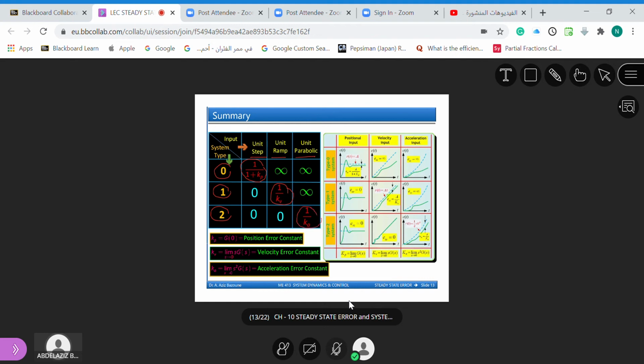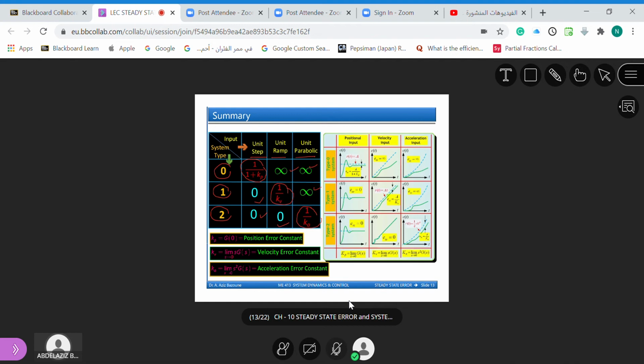The upper diagonal will be infinity, infinity, infinity. The lower diagonal will be 0, 0, 0. Here we are defining Kp equal to G of 0, position error constant. Kv is the velocity error constant, and Ka is the acceleration error constant. And this is how to find them.